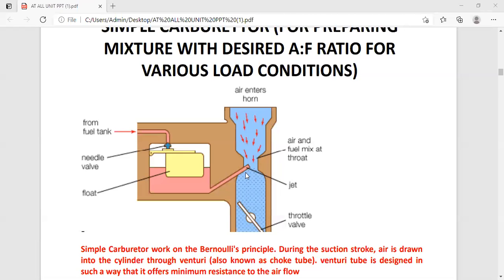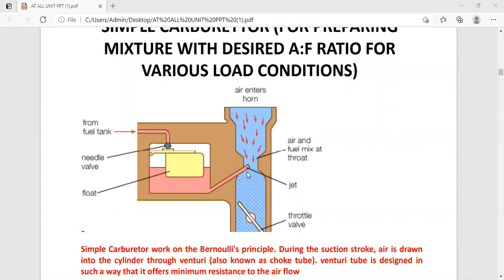Now, here we have provided one jet, and the jet tube consists of the main nozzle, to which fuel is supplied from the float chamber to the main jet. This is the jet tube, and at this jet we have provided the nozzle.